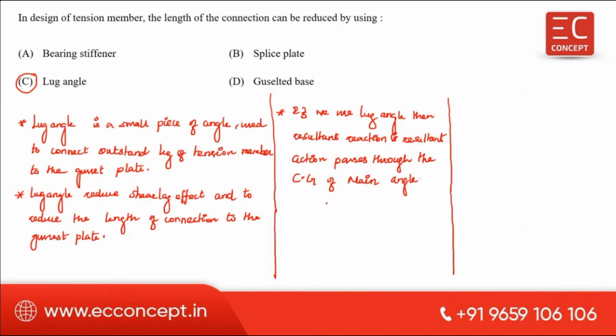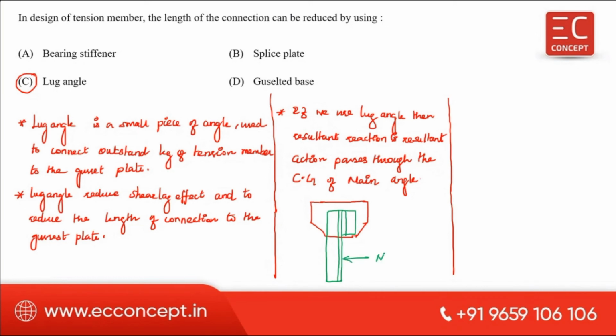Let me draw the diagram so that you will get some more idea. This is the gusset plate, and this is your anchor. This is the main angle, and this is the lug angle.